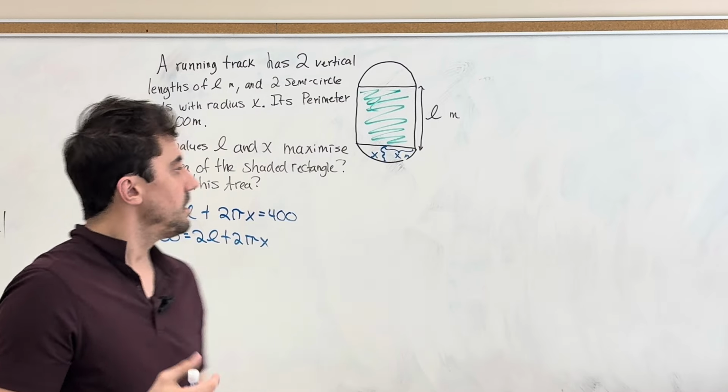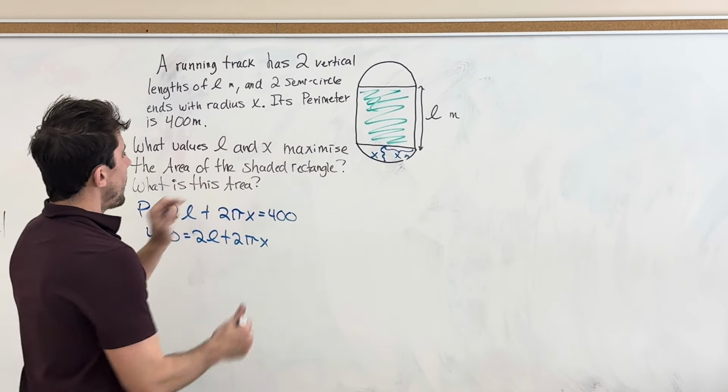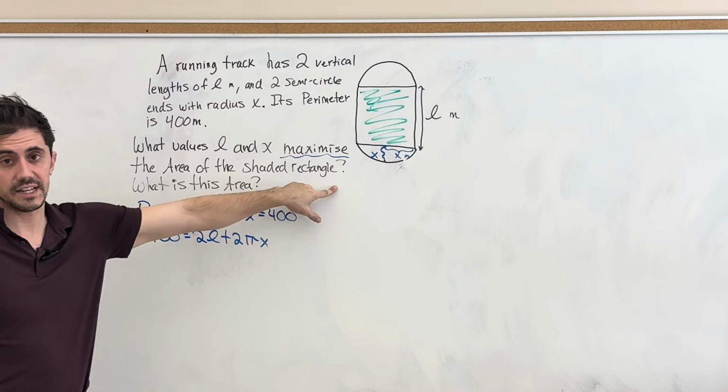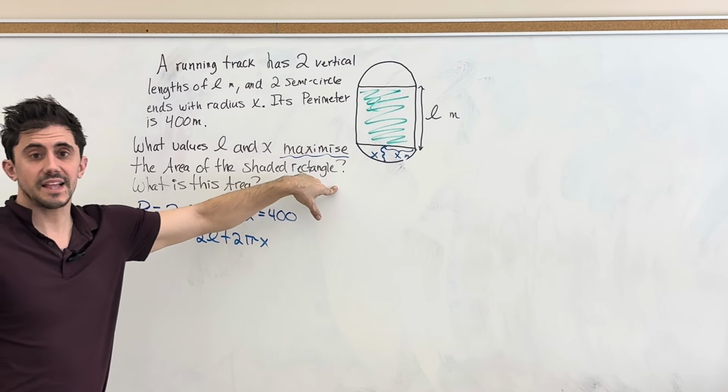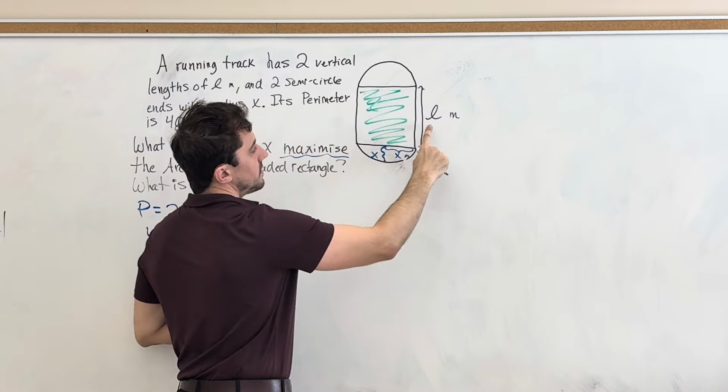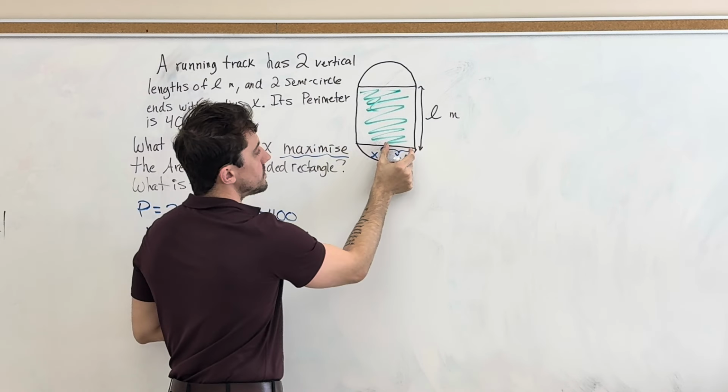Now, if we're looking to maximize the area of this shaded rectangle, what is that area going to be? The area of a rectangle is always width times length. So that'll be L times the width.